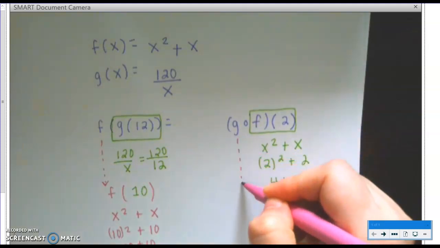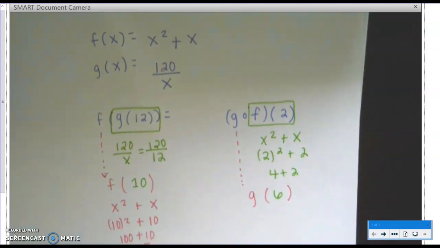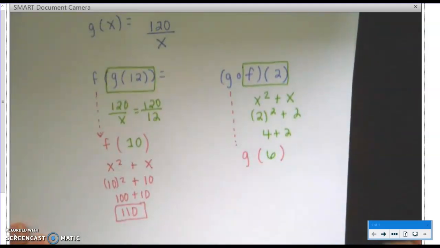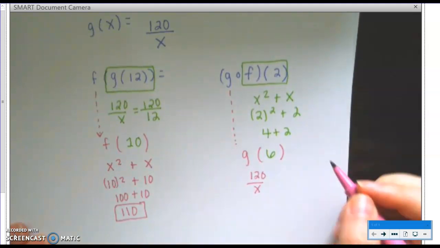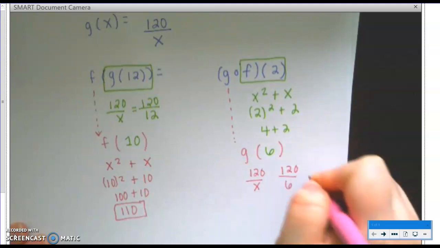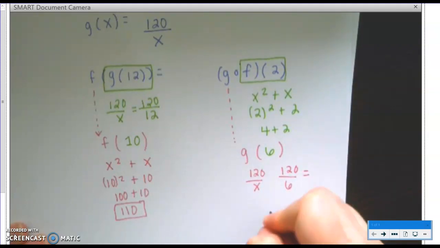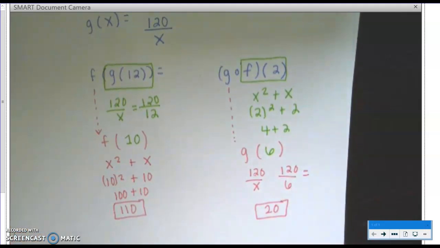So now 6 is the new number to plug in. So I'm going to plug 6 into my g equation. So 120 divided by x was my g equation. So that's going to become 120 divided by 6, which should be 20. So 20 would be my final answer.